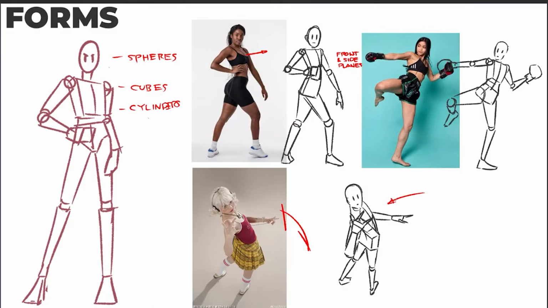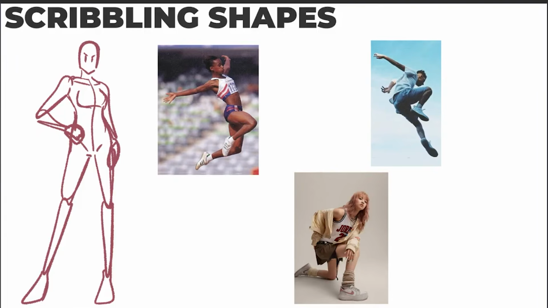Anyway, as much as this is a very solid way of drawing the figure, it tends to ruin the overall gesture of the pose, and it's very time-consuming. This is where scribbling shapes come into play. In this technique, instead of carefully drawing each form accurately, we are focusing on scribbling shapes.